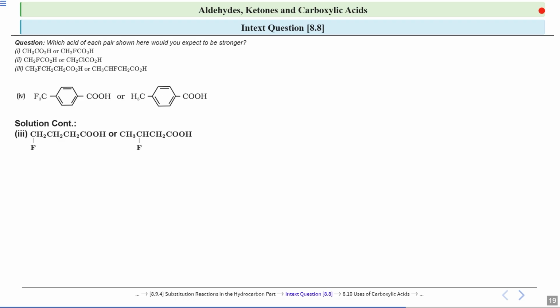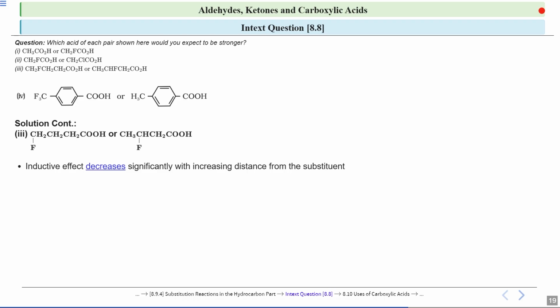But in one, the fluorine atom is attached to the first carbon in the chain, and in the other, fluorine is attached to the second carbon. So over here you have to pay attention to where the fluorine is located relative to the carboxylic acid group, and this is what will influence the acidic strength.